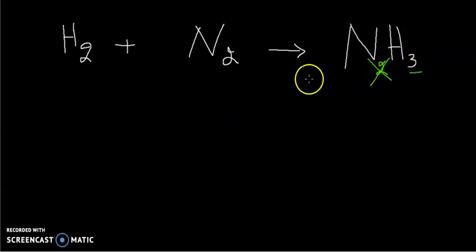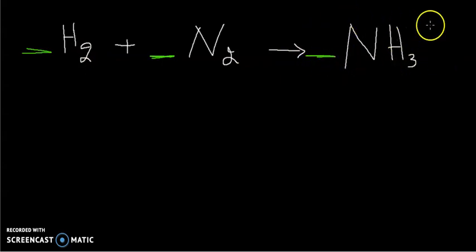You can never change the subscripts. What you can change is the coefficients, which is the number before the compound or the molecule itself. Okay, so here I have 2 nitrogens, here I have 1. I should multiply by 2.